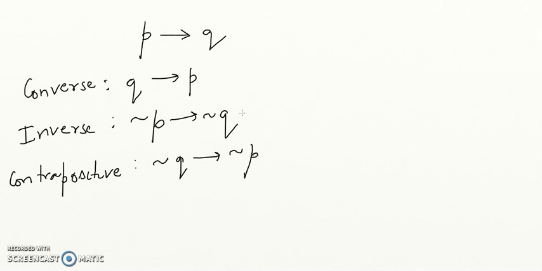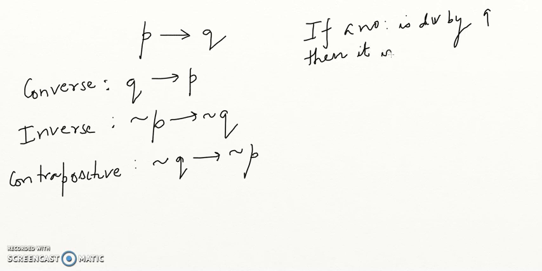To give you an example, let's say if a number is divisible by 9, then it is divisible by 3.